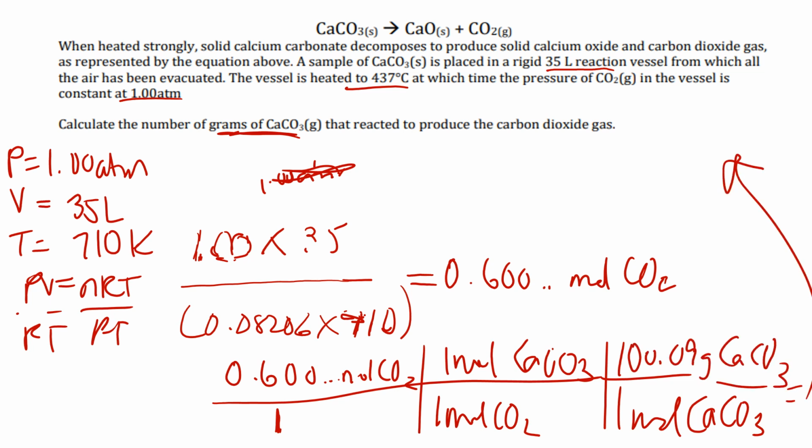You do your math. The smallest number of sig figs we had is the 2 sig figs from the 35. So 60.13 becomes 60 grams of CaCO3.